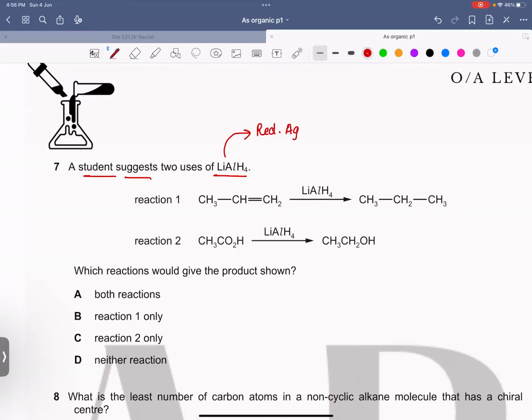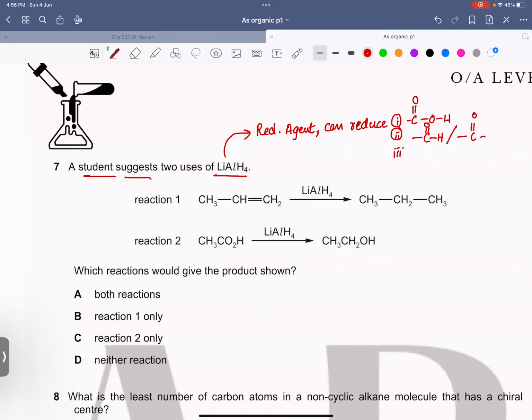It can reduce which compounds? Number 1, any carboxylic acid. You have to remember this. Number 2, aldehyde and ketone.